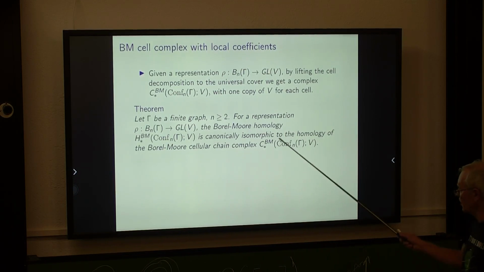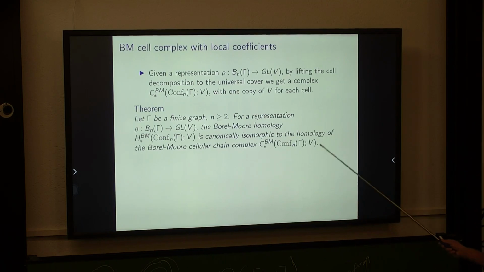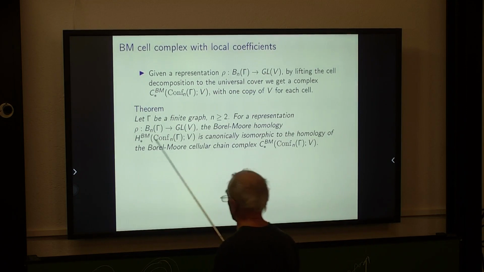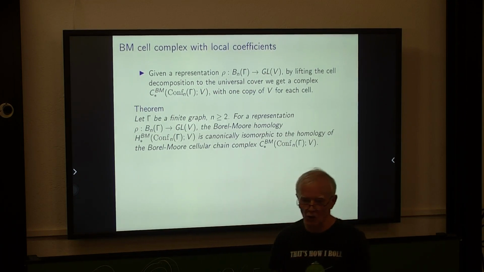Sorry, okay, so this is my chain complex. This is the cellular chain complex in the Borel-Moore cells. This says that the Borel-Moore homology of the graph configuration is combinatorial. You have a finite model. This is for any representation of the pure braid group, of the mapping class group. You can take Heisenberg, but this is true for any representation.